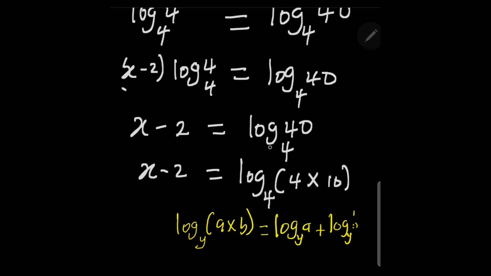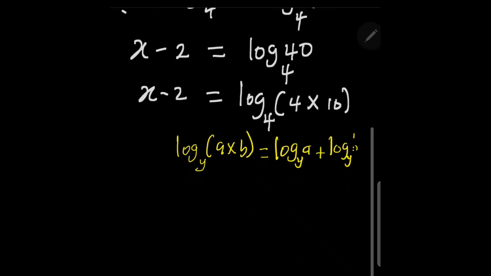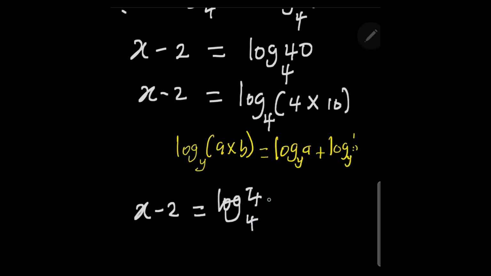We're going to transform this right hand side into this form. 4 multiplied by 10 is in the form of a multiplied by b. So we're going to have x minus 2 equal to log of 4 to the base of 4, plus log of 10 to the base of 4.